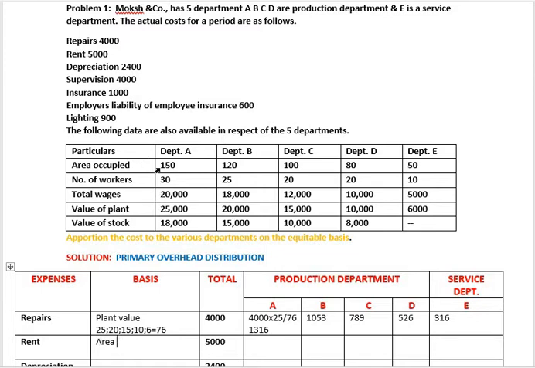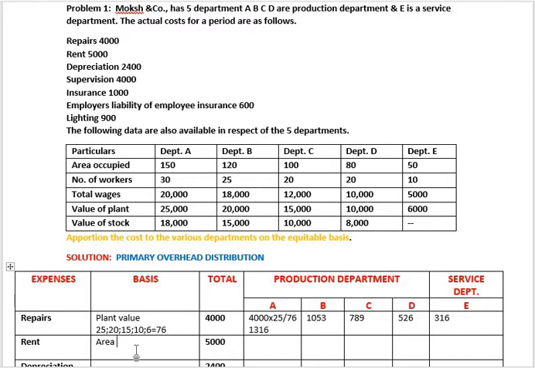So area occupied, you can see the ratio here. 150 is to 120 is to 100 is to 80 is to 5. So you can simplify the ratio. So if possible, simplify each and every ratio. If you cannot simplify, you can keep the same values and you have to take the total of those particular values.